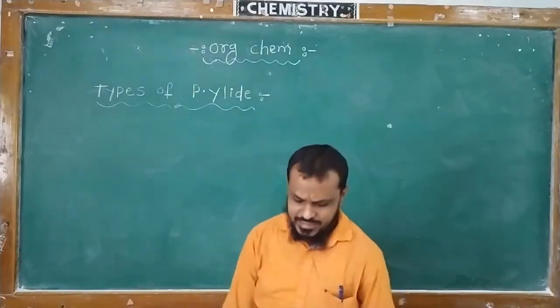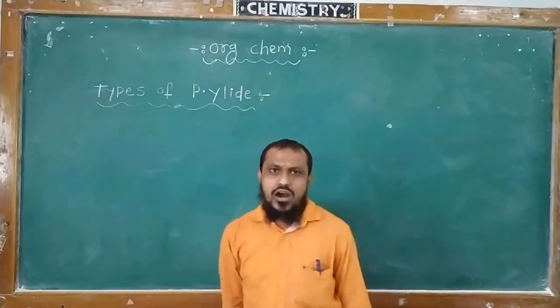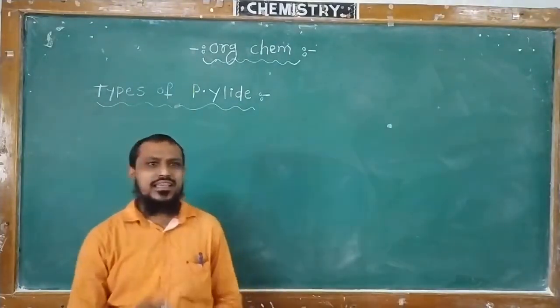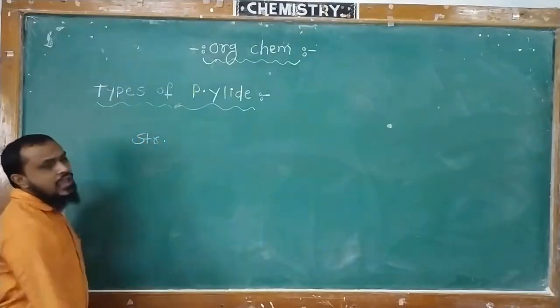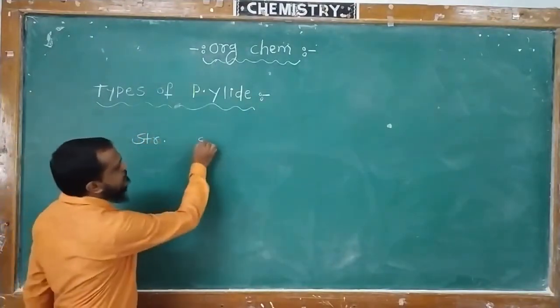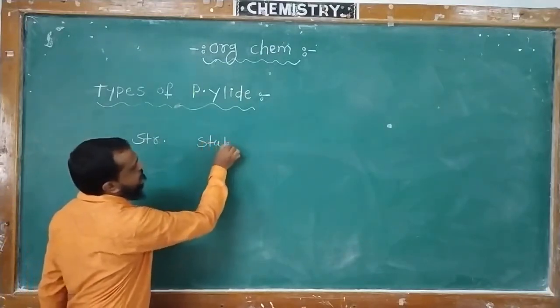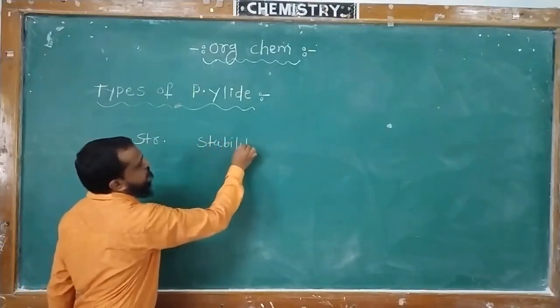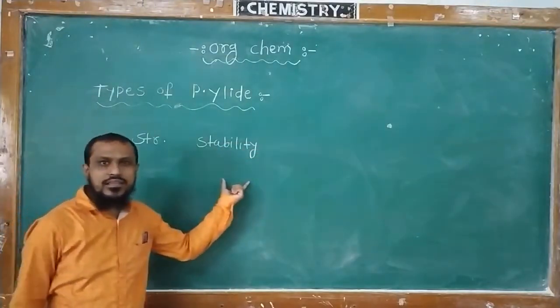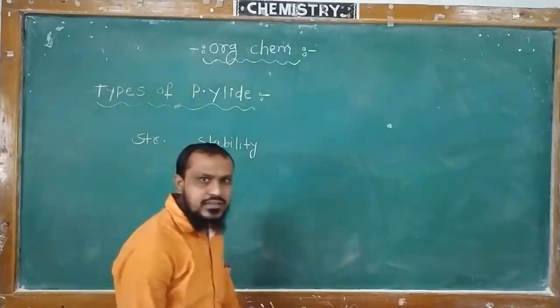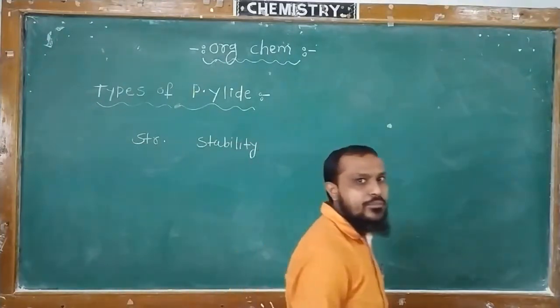So basically, on the basis of structure and stability, phosphorus Ylide are of two types.